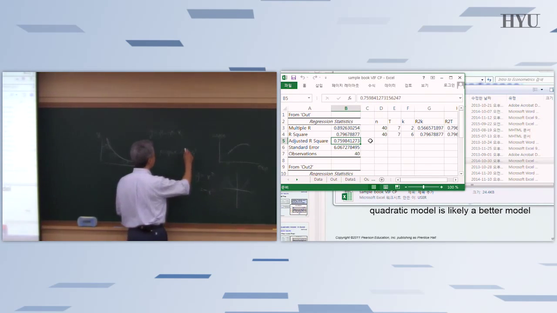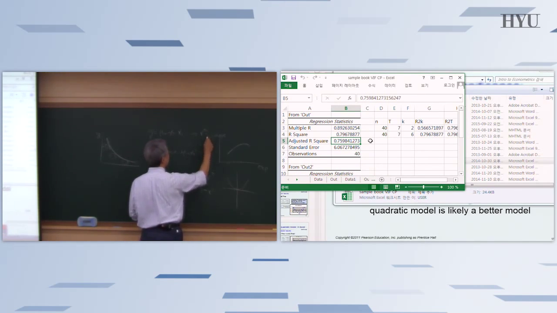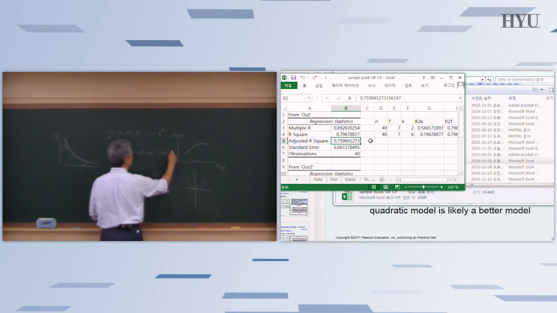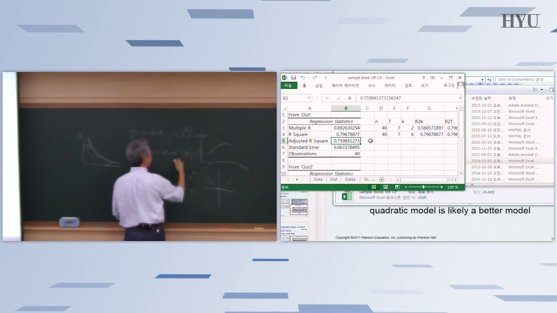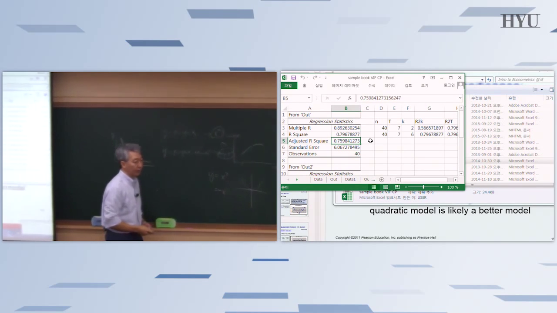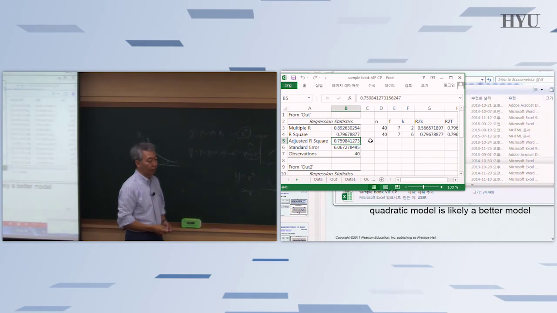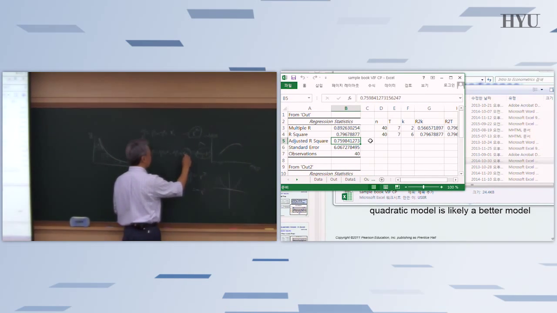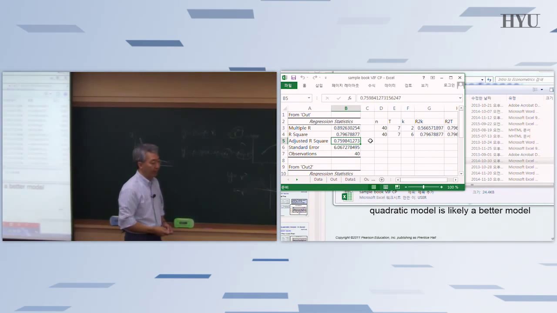But when you run two regressions, look at the R square here and look at the adjusted R square from here, right? If adjusted R square from this model happens to be greater than the R square from the simple regression, the regression without the square term, then you can pretty much say that this square term of x1 makes some significant contribution.